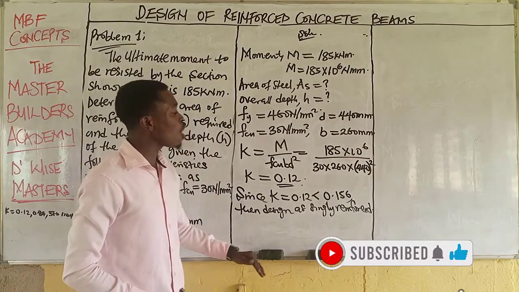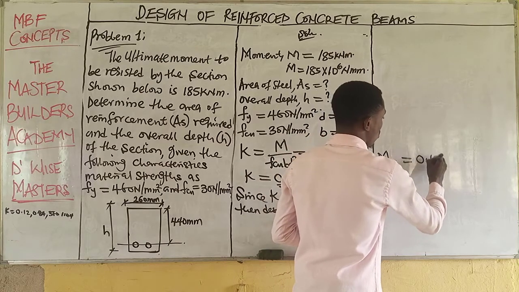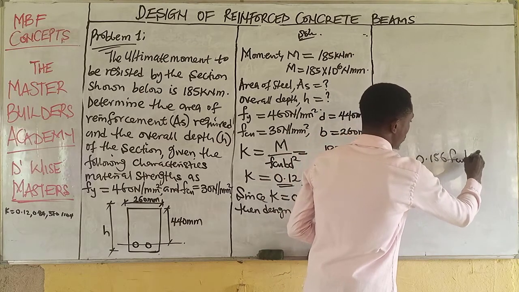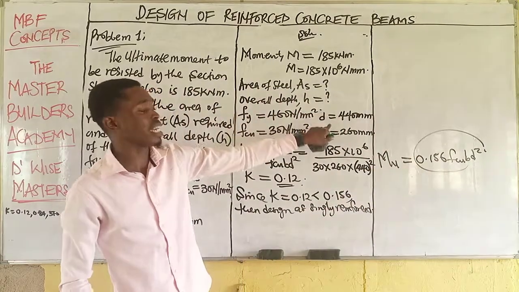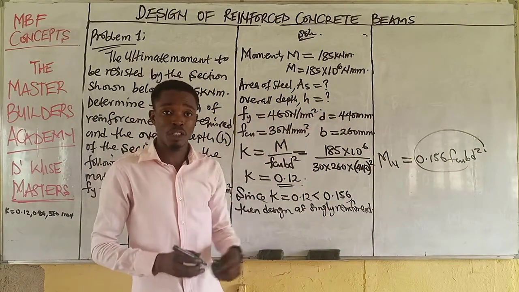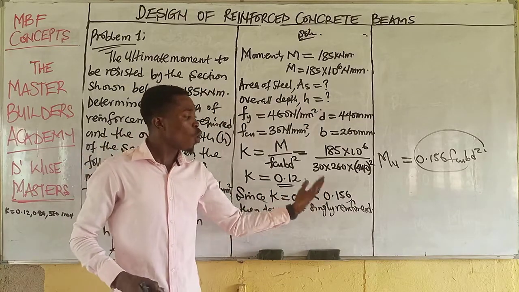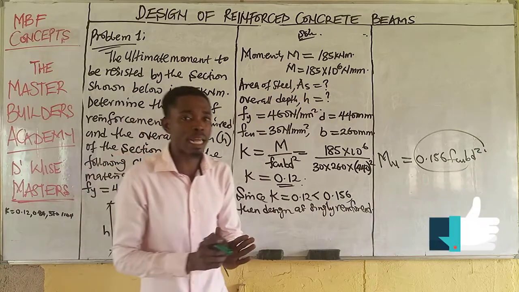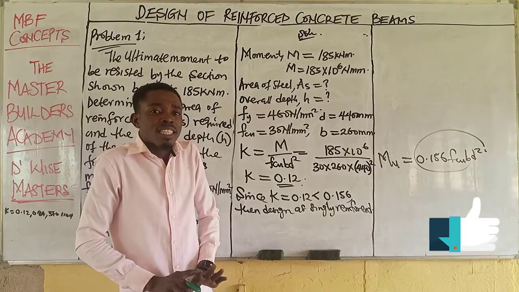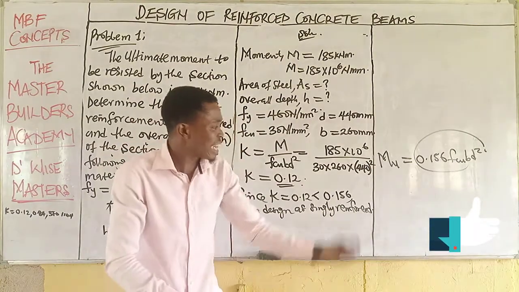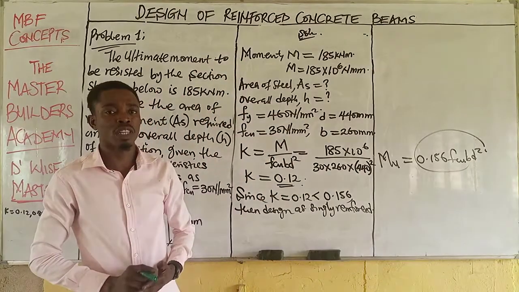So if we try also to calculate Mu equal to 0.156 fcu bd squared this way, you will discover that the moment you will obtain from here will be more than 185. And these are the controlling factors I mentioned earlier. It is either K is less than 0.156 for you to design the beam section as a singly, or the ultimate moment of resistance to be offered by the concrete is more than the moment that is being induced on the concrete.